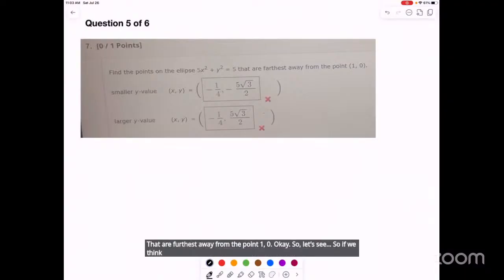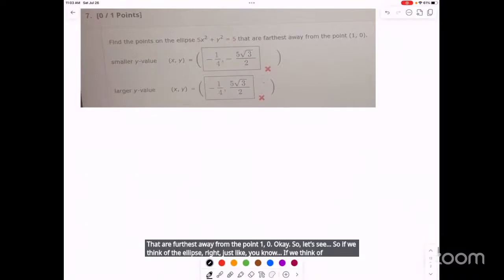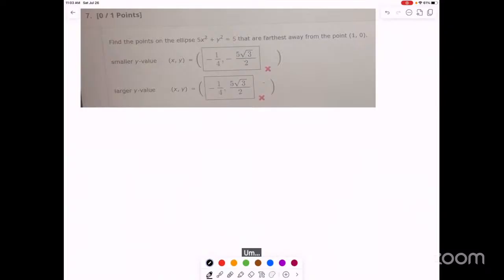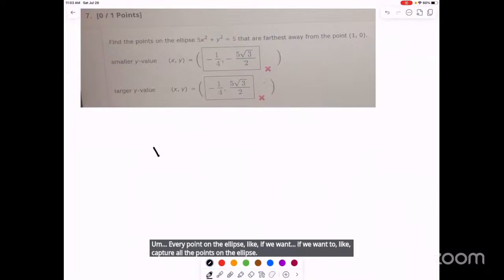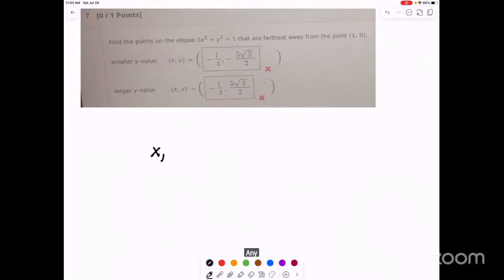If we think of the ellipse, every point on the ellipse, if we want to capture all the points on the ellipse, they're going to take on the form of x. Any x that you choose, y is going to take on a certain form. So what we're going to do is take this equation for the ellipse and solve for y.